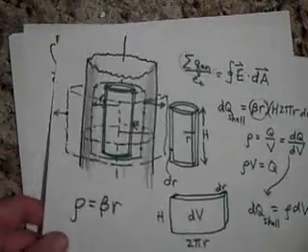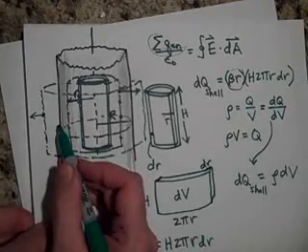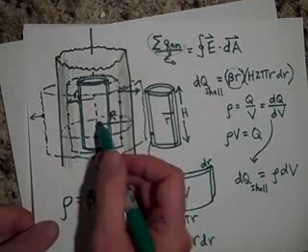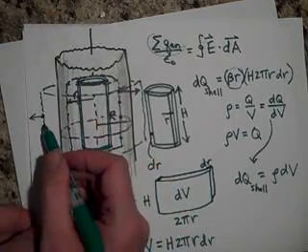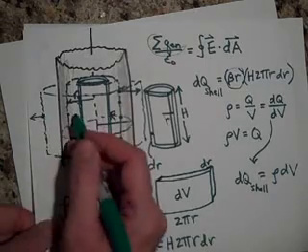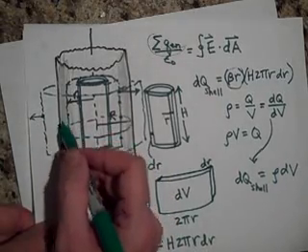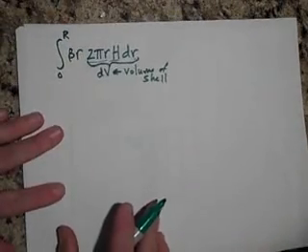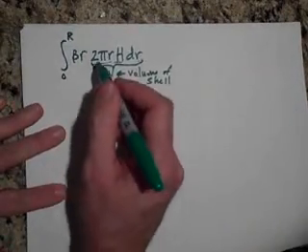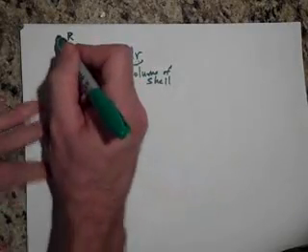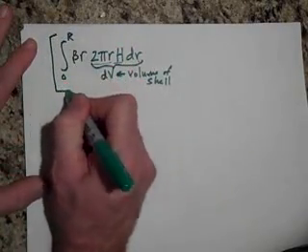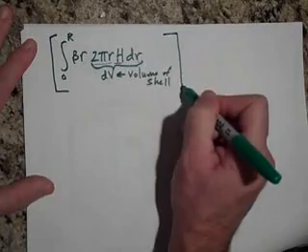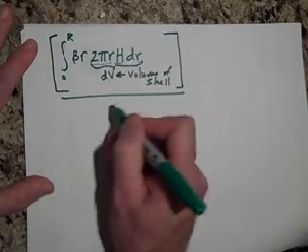The math doesn't know that the charge stops right here, so you have to tell it to stop at the capital R. Okay, so that's the total charge enclosed. I'm going to bracket that just to make it neater. That's all divided by epsilon naught.